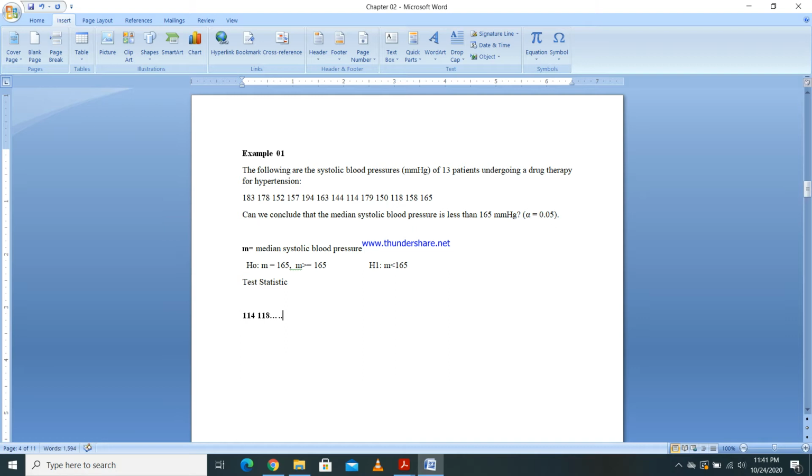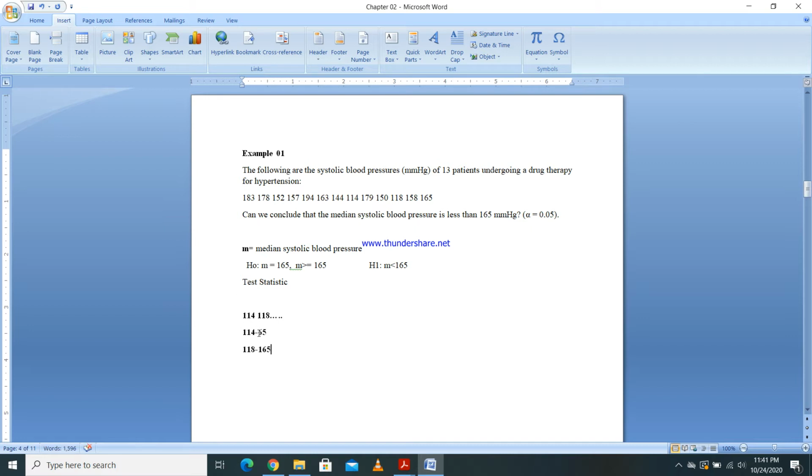Likewise, you can arrange, and then you have to take the difference between the observation and the given median value, that is 114 minus 165, then 118 minus 165, likewise.